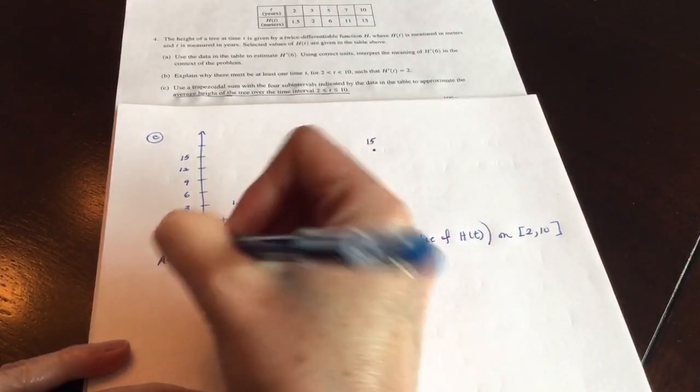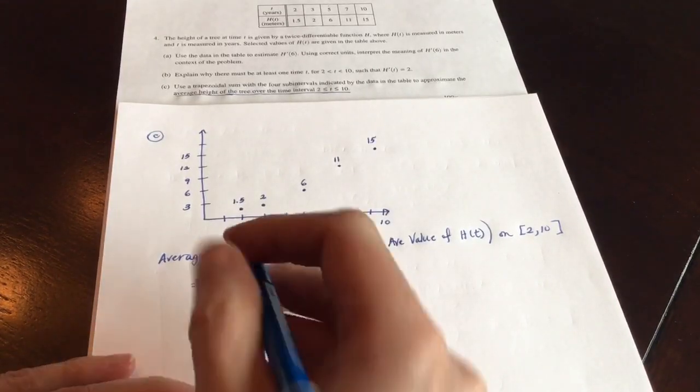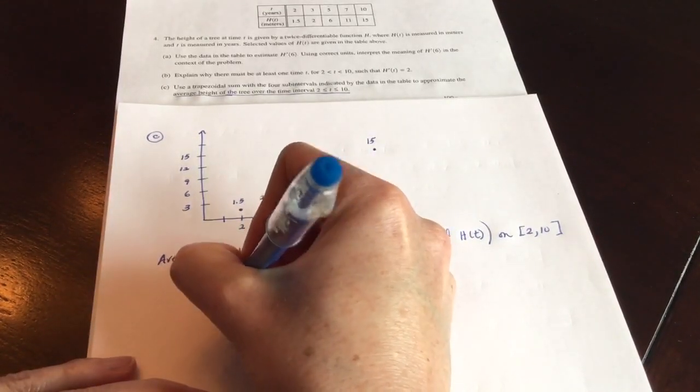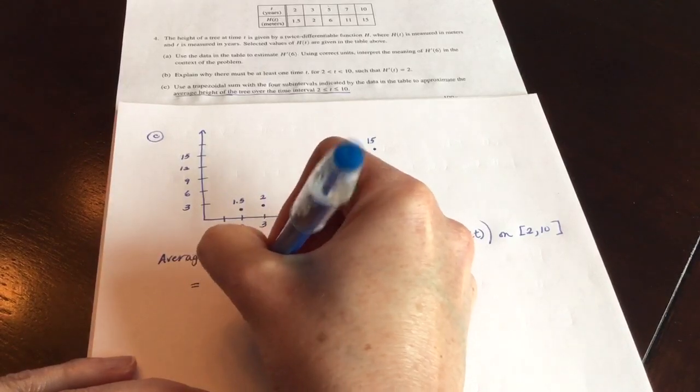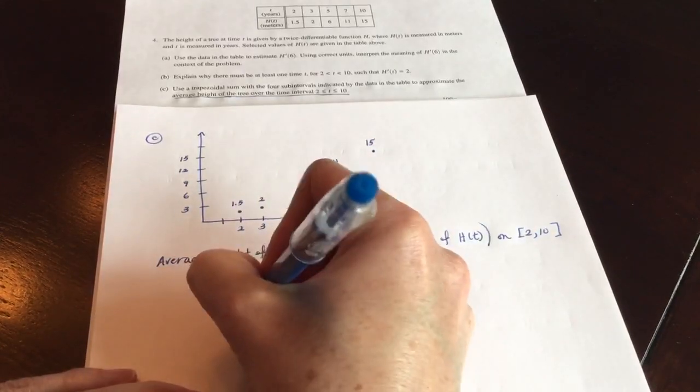And that would equal, so how do you find the average value? You add up all the values, and so that would be the integral from 2 to 10 of h of t dt, and then you divide by the number of values, which would be 10 minus 2.